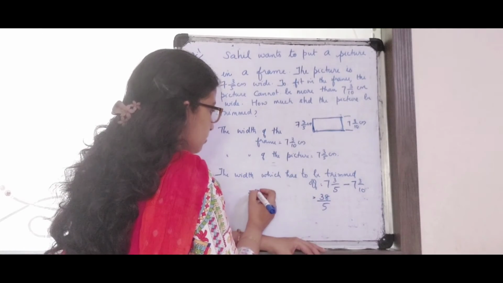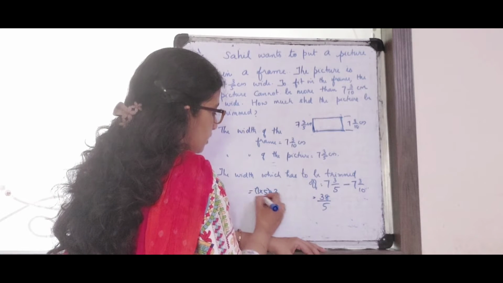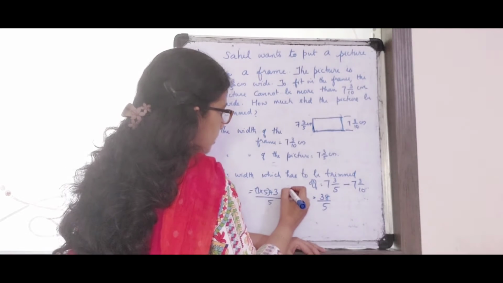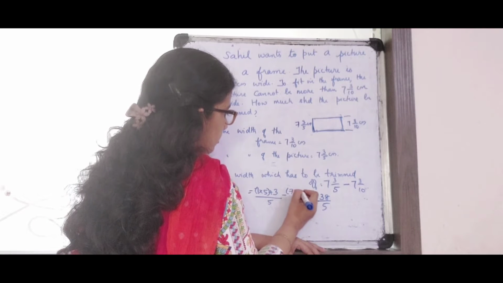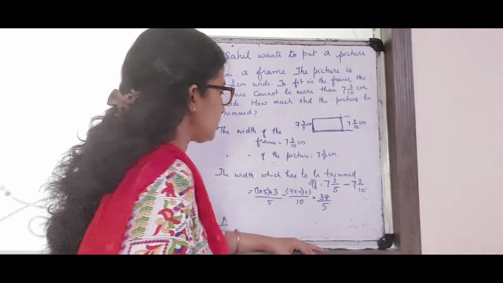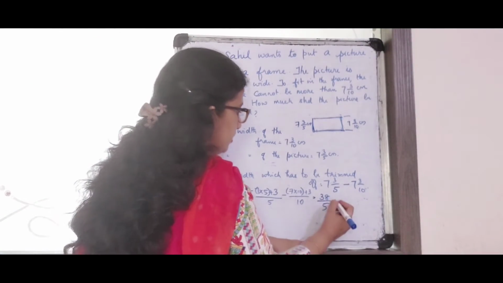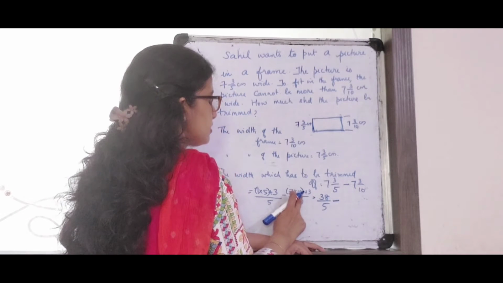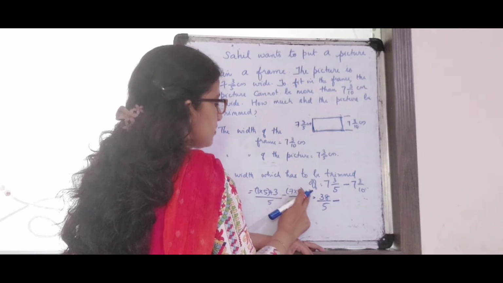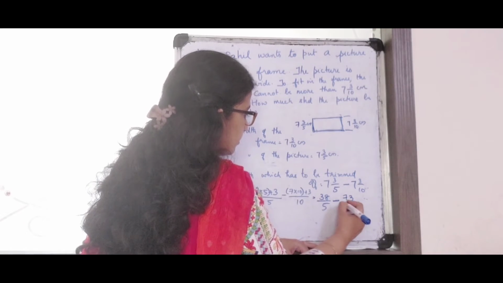So how will the steps come here? (7 into 5 plus 3) divided by 5 minus (7 into 10 plus 3) divided by 10, right? So I have directly written it here as 38/5 minus 7 into 10 is 70, 70 plus 3 is 73, 73/10.